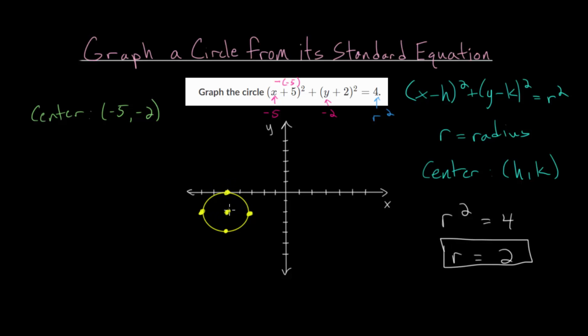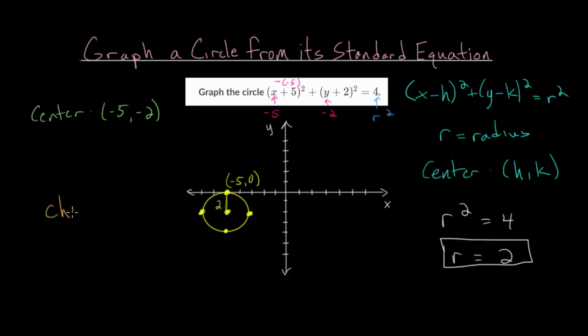And one way to check this is to take one of the points that we know is on the circle, and since we know that this radius is 2, we know the point (-5, 0) is on the circle. And so if we plug this coordinate point into our equation, we should get back something that's true.